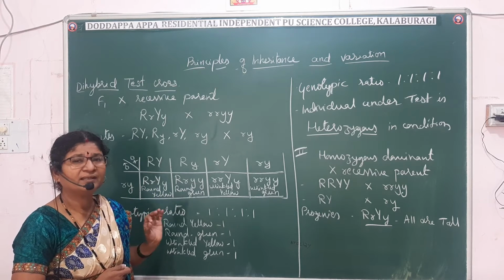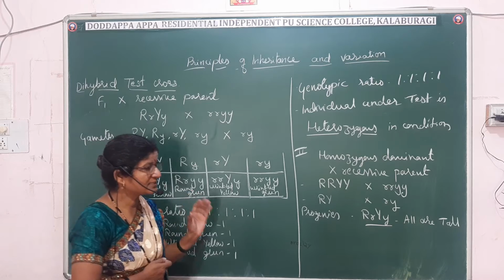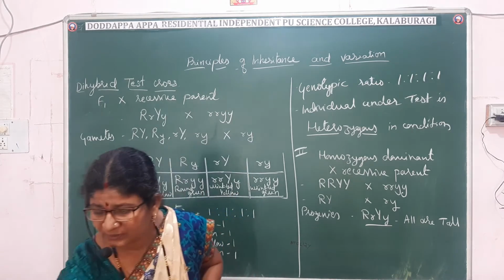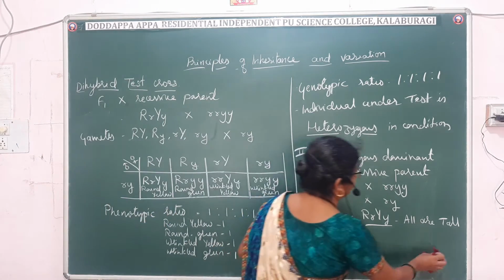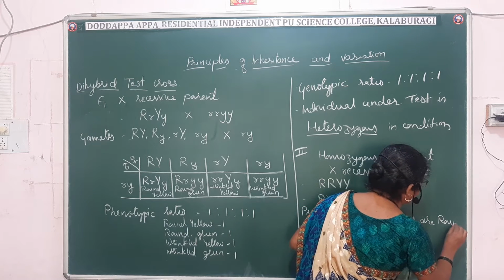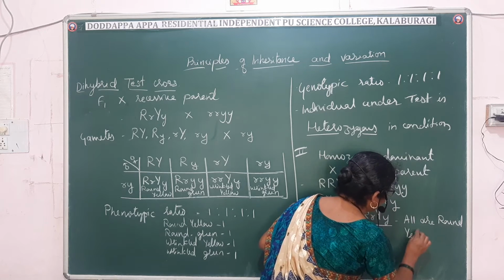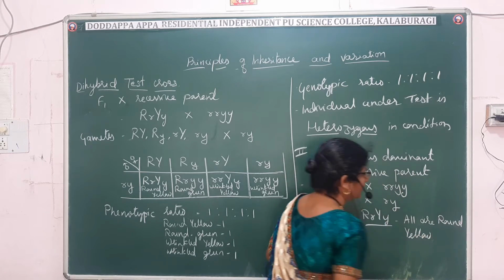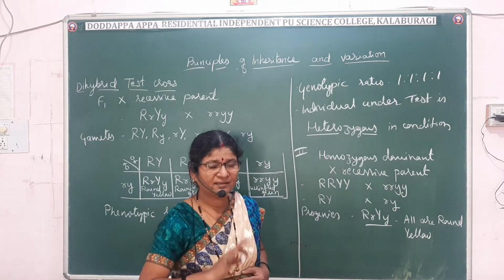All 16 will be round and yellow in shape. They will have the round shape and yellow color. You will not get wrinkled and green ones.